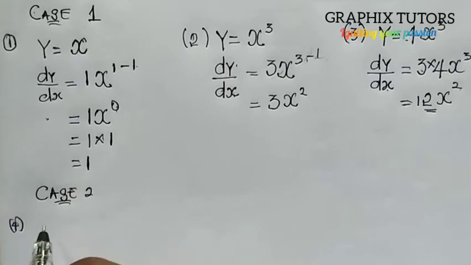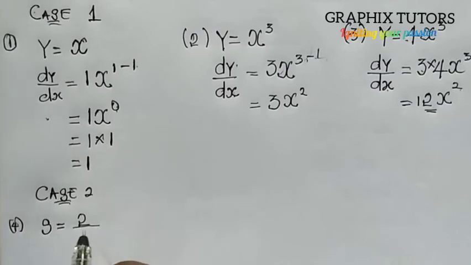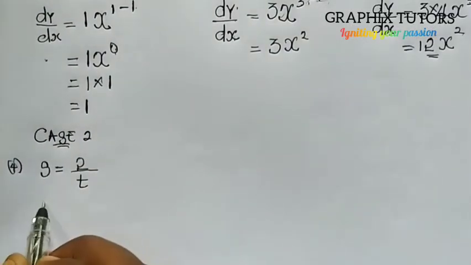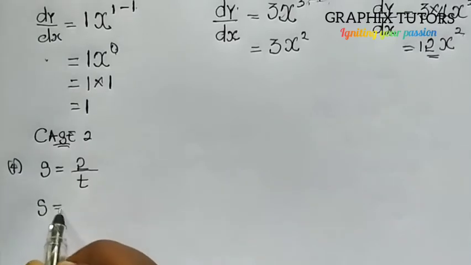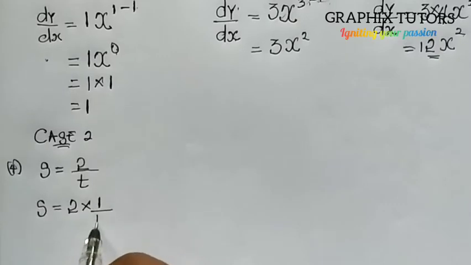I can say x is equals to 2 all over t. Now the keyword is you focus on the variable on the right hand side. Now I can rewrite this again by saying x is equals to 2 multiplied by 1 all over t.